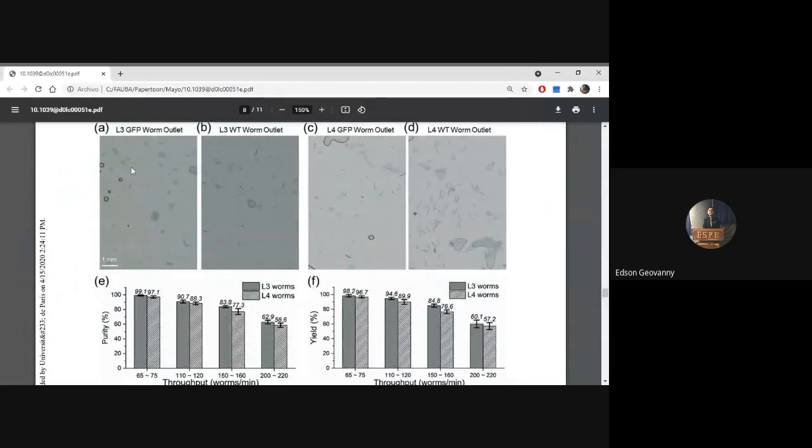Figures 5a and d show results of a single experiment photographed with a fluorescence microscope to perform the yield and purity calculation. Almost all worms from the green fluorescent protein expressing outputs showed green fluorescence, while most wild-type worms did not show green fluorescence.